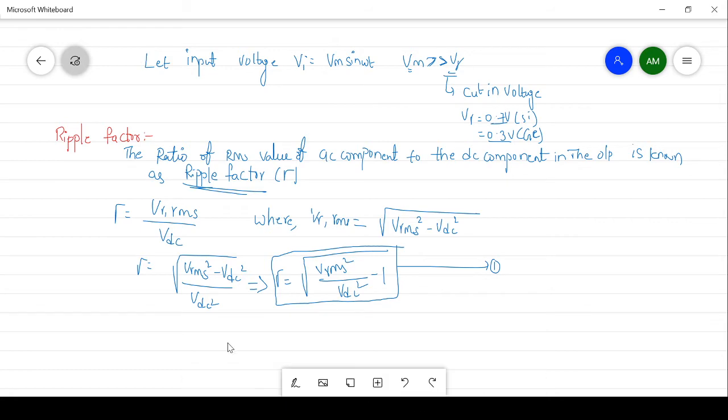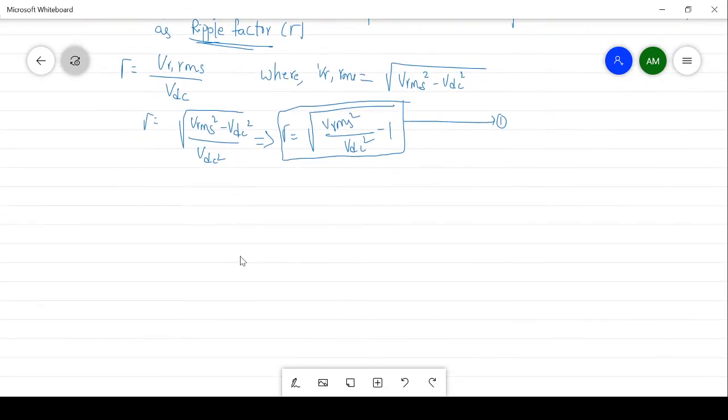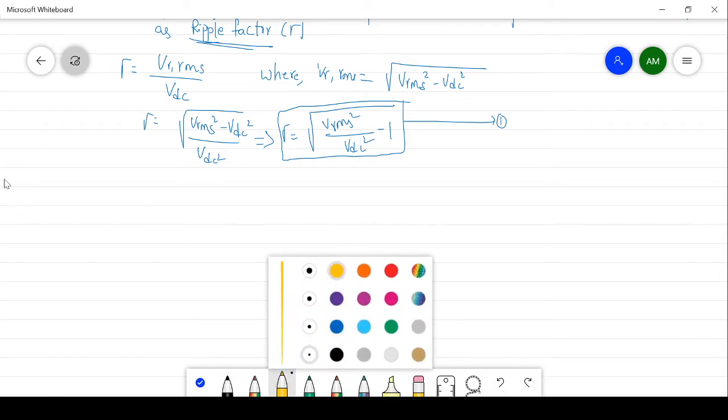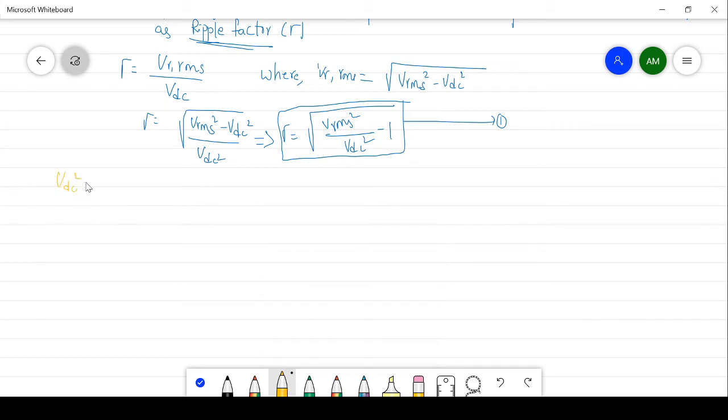Okay, now we have to calculate both Vrms and Vdc. First, the Vdc, or V average.